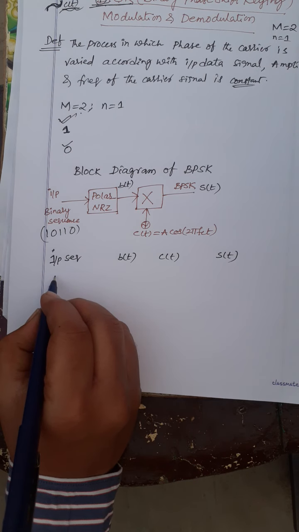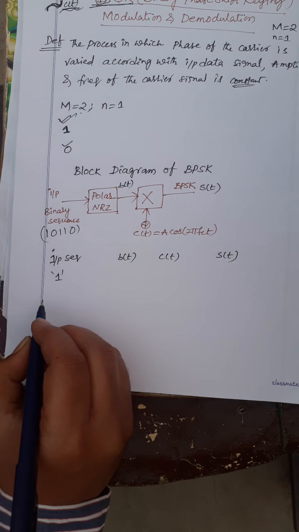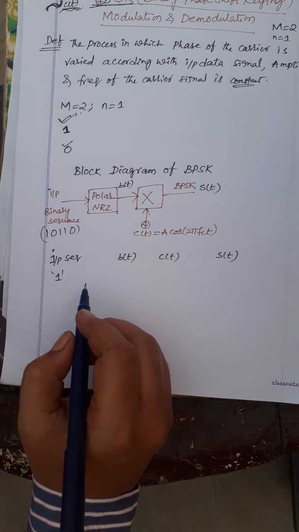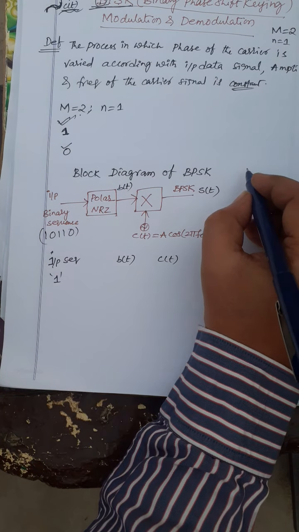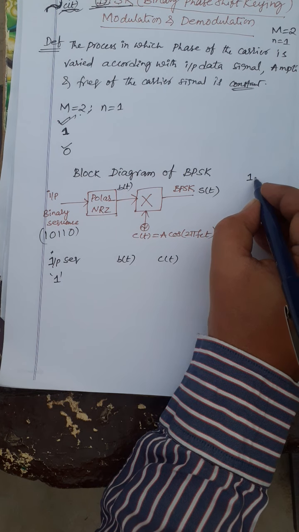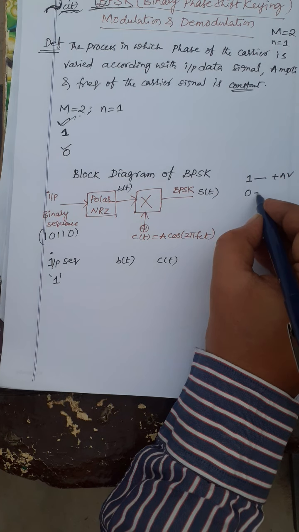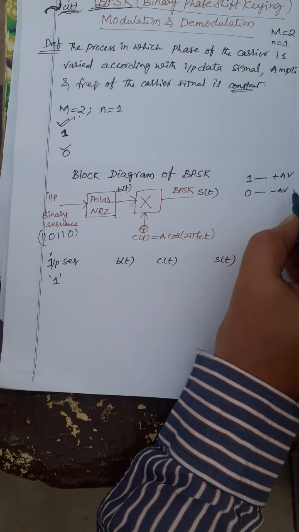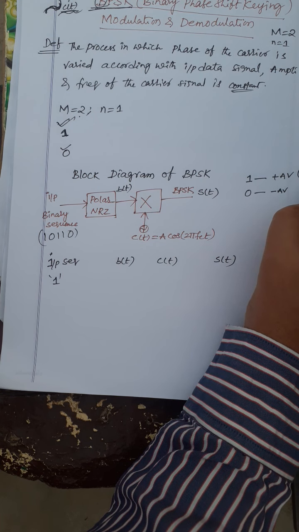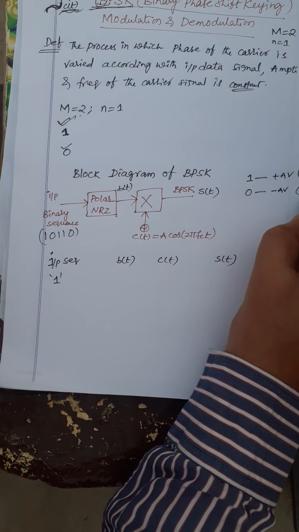If bit 1 is transmitted, it is passing through polar NRZ. We know the level mapping of polar NRZ, where bit 1 is mapped to plus A volts and bit 0 is mapped to minus A volts. Already we have discussed this. For example, let us take A equal to 1 volt, so you will get plus 1 and minus 1 volt.